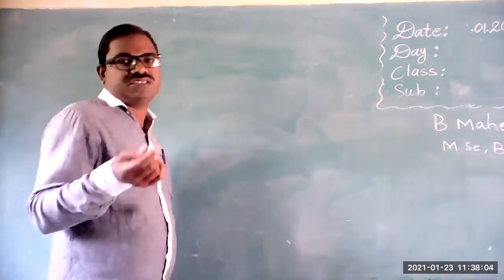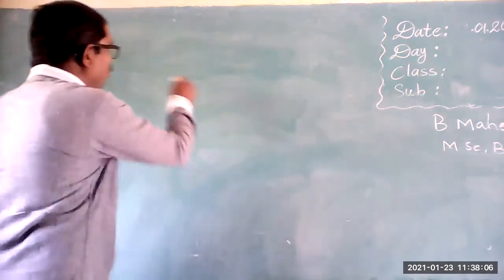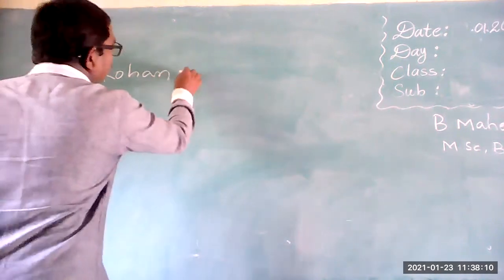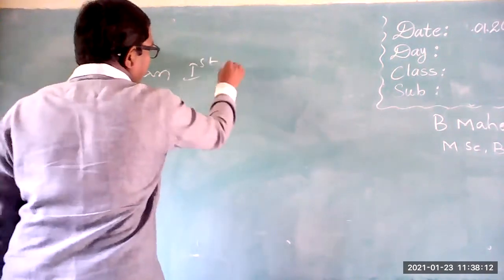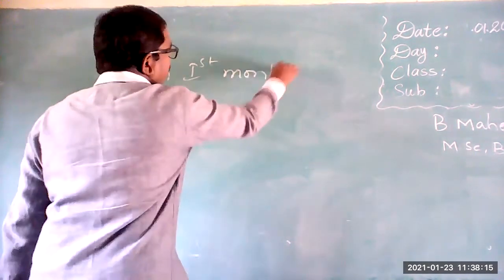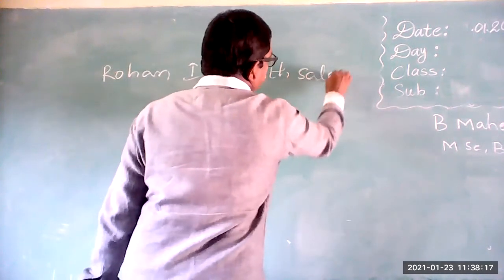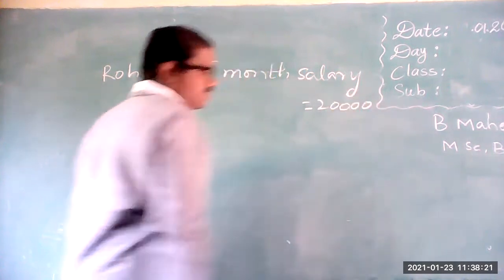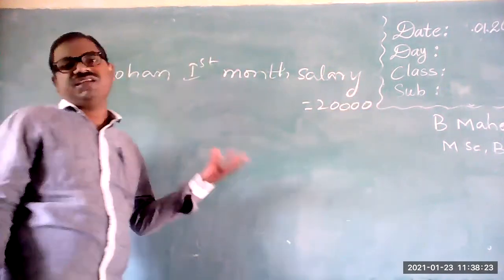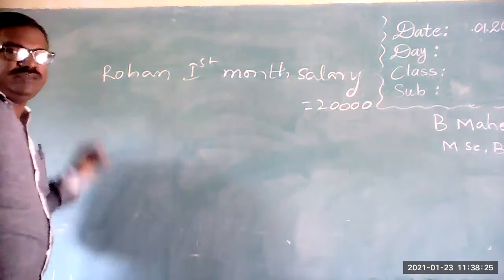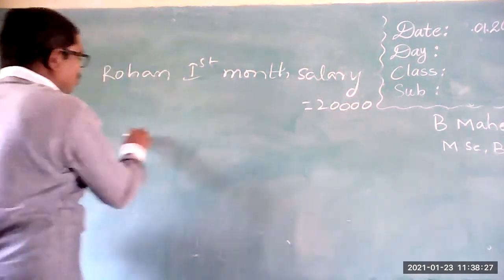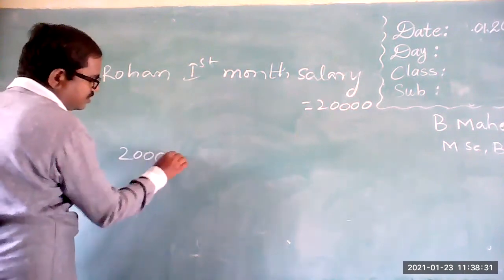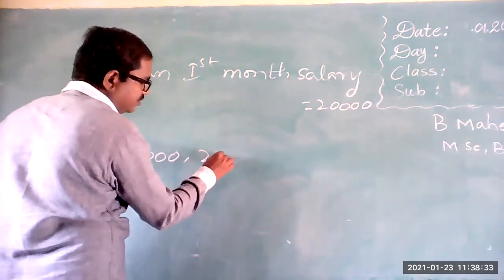So after 1 year, Rohan gets, first month salary is equal to 20,000 rupees. After 1 year, he gets a 500 rupee increment. So after 5 years, he got salaries like this in every year.